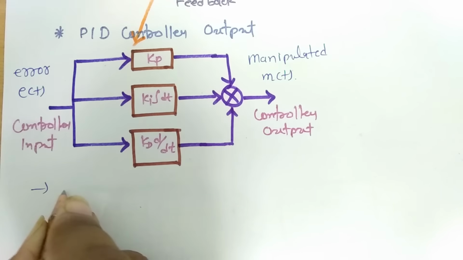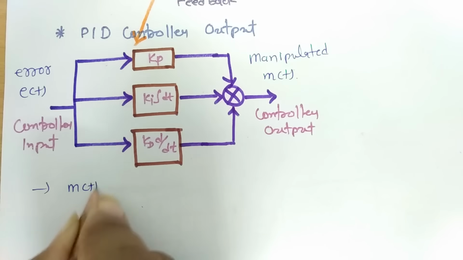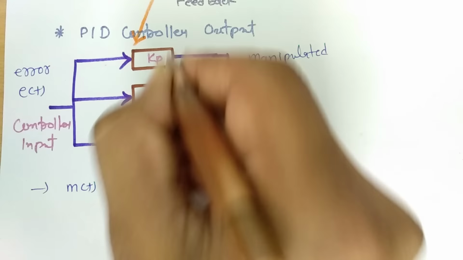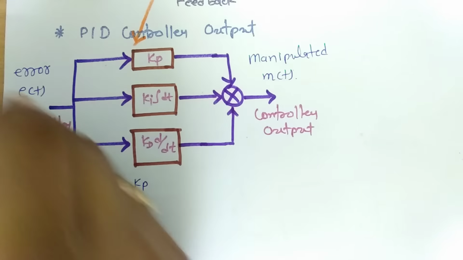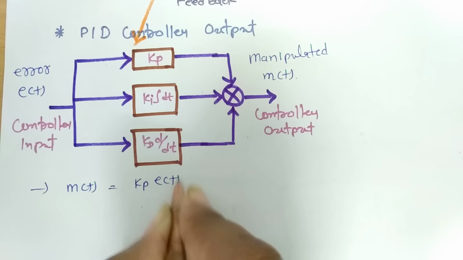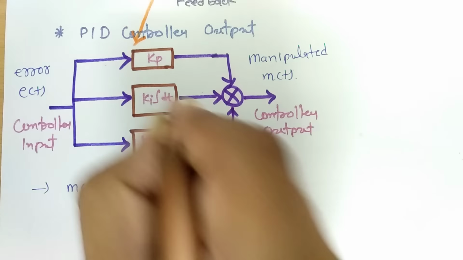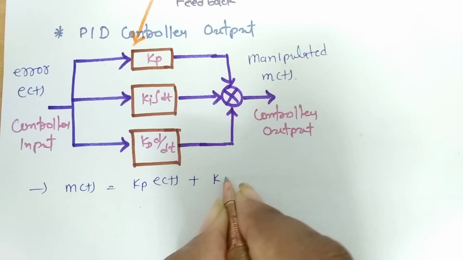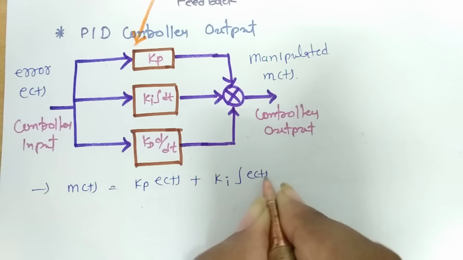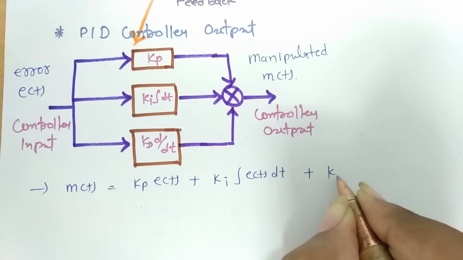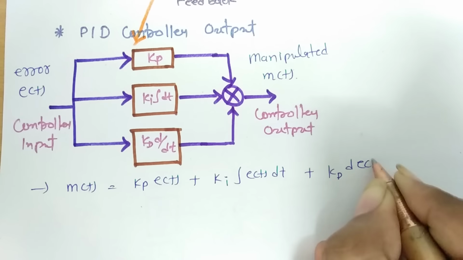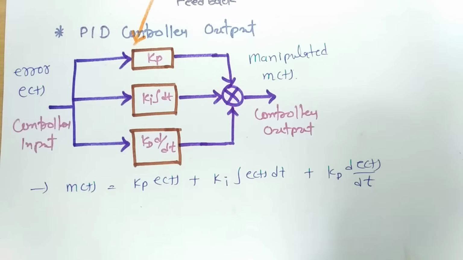The output of the controller, m(t), is the addition of all these three blocks. Kp is multiplied with the error signal e(t), plus Ki is integrated, integral of e(t) dt, plus Kd is differentiated, d e(t) by dt.